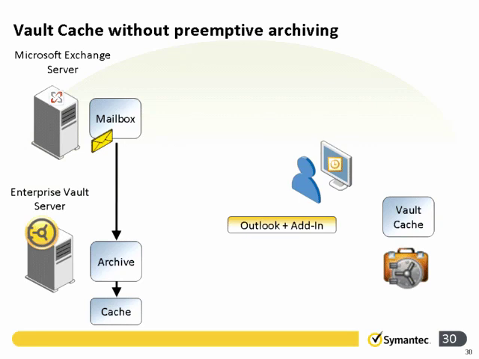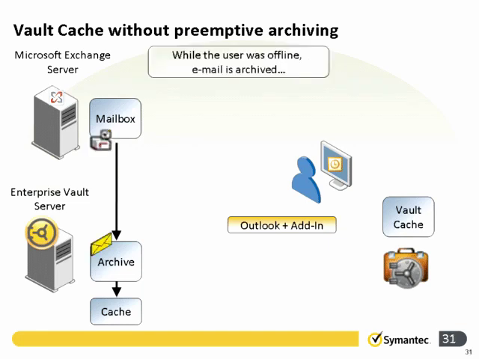Now, we've been talking about this concept of preemptive archiving. So let's look at what would happen if I didn't have preemptive archiving. I'm disconnected as the user, even though I've got the Outlook add-in installed and I've configured it to support Vault Cache. I'm going to go to my mailbox item. The mailbox archiving task runs, so it's replaced with a shortcut on the mailbox, and that item is moved into the archive.